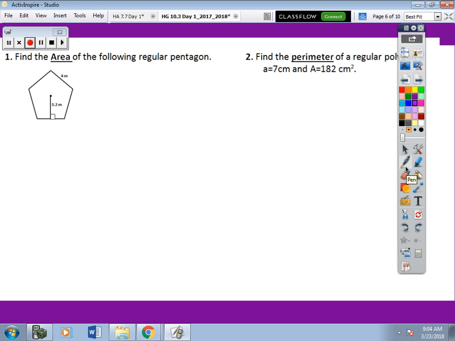So find the area of the following regular pentagon. We want to pick one of our formulas. Looking at this, I don't know the perimeter, so I would use my 1/2 A n S formula, personally. Then you need to find out what everything is. A is the apothem, so the apothem is the perpendicular distance, 3.2.